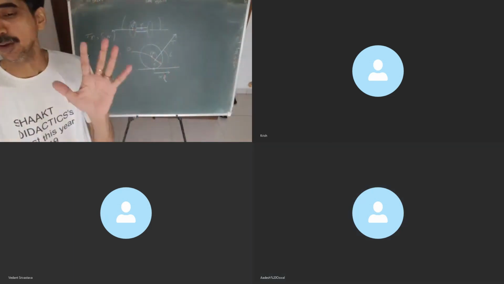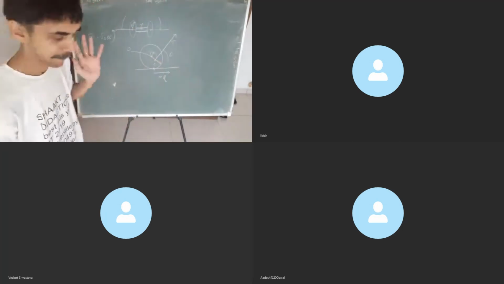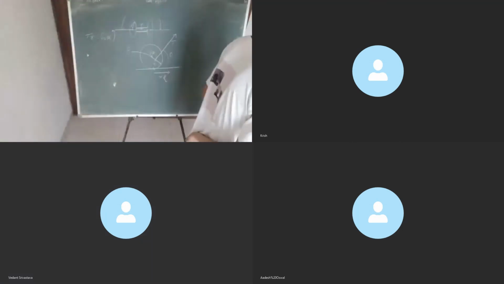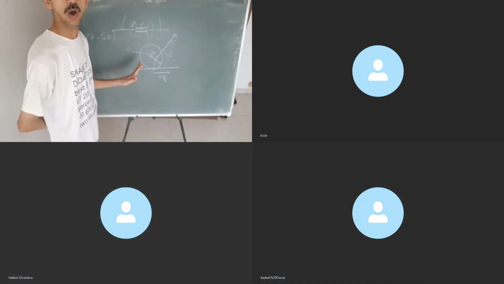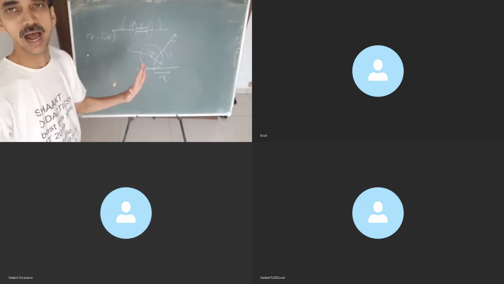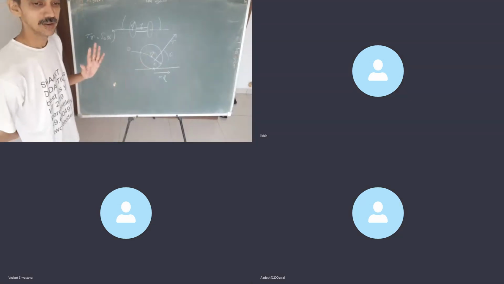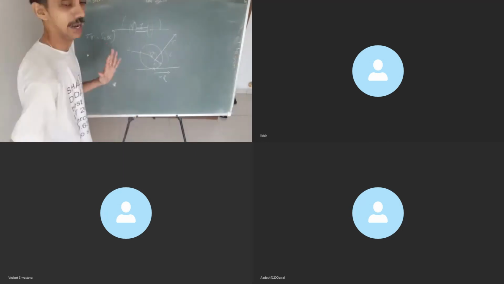Please be mindful of the fact and take a note of it. Please note that rotation is anti-clockwise, and in accordance, alpha r will be to the right. Correct? Please take good note of it. Alpha r in the forward direction.